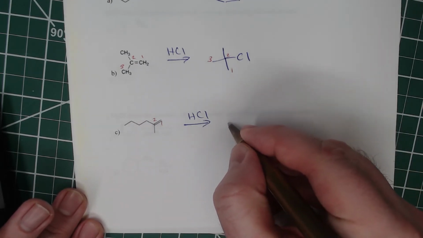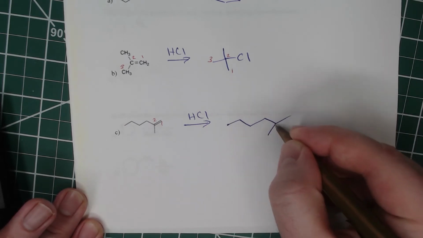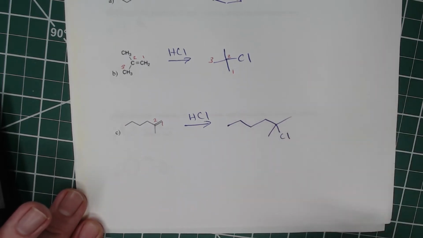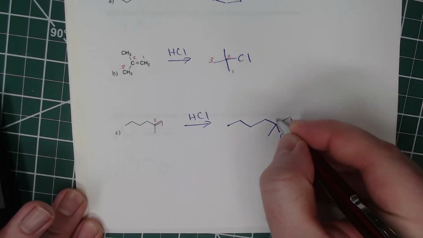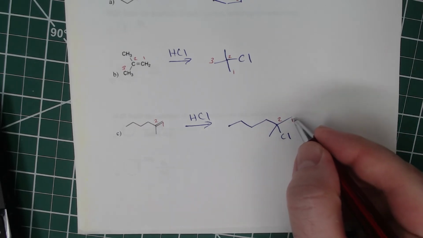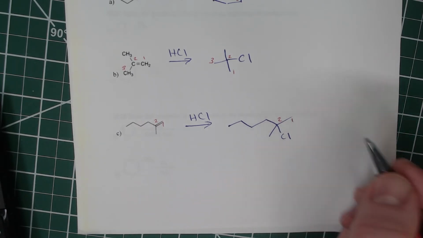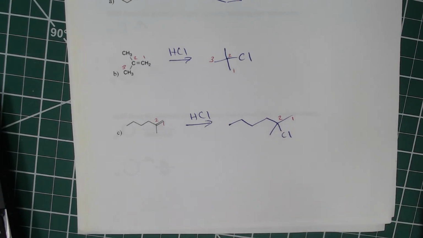So the product here, and again, just for clarification, carbon 1, carbon 2. Carbon 1 now has an extra hydrogen. Of course, it's implied here. And carbon 2 got the chlorine. And that is Markovnikov addition.